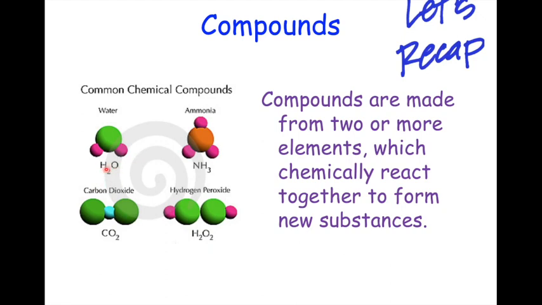If you combine them, you make water, which we know is H2O, or two hydrogens and one oxygen, and it looks like this. You see there's two out here and one in the middle. So this is a compound when you take multiple elements and put them together. Compounds are made from two or more elements.